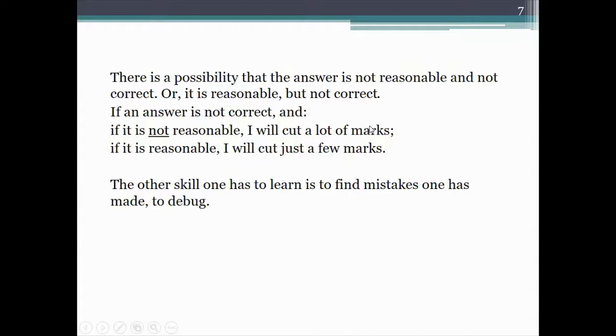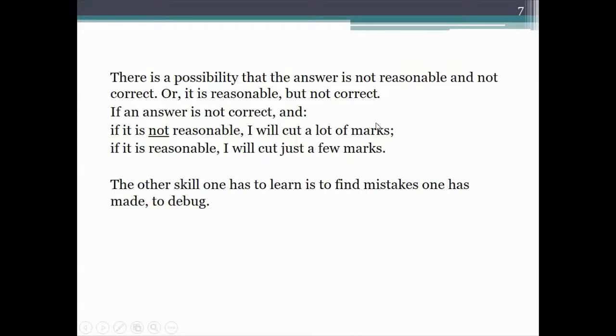If your answer in an exam is not correct, and the answer is not reasonable, I will cut a lot of marks. If it is wrong but reasonable, I will cut very few marks. To emphasize, if it is unreasonable, you should have caught it and gone back and checked whether the answer was reasonable or not. Okay, that is one.